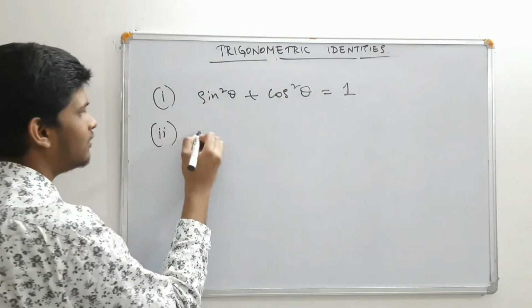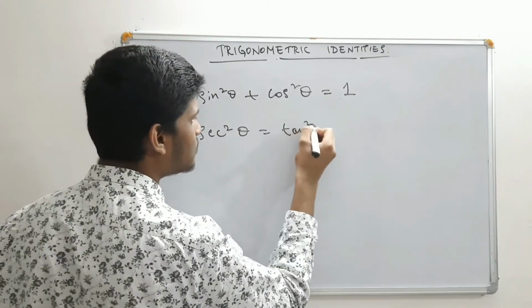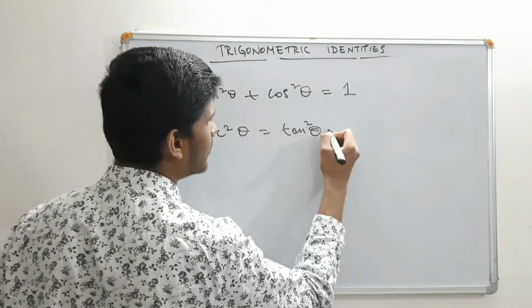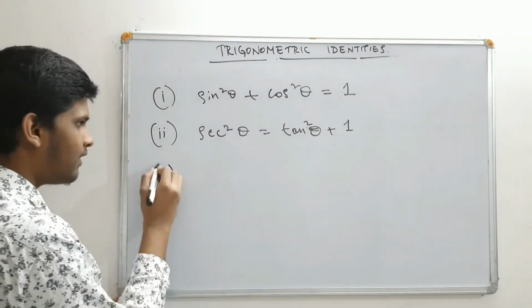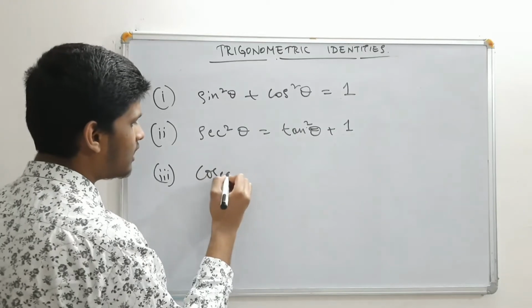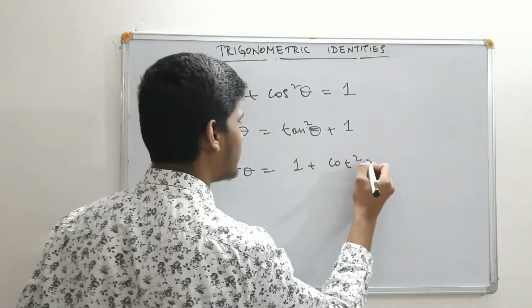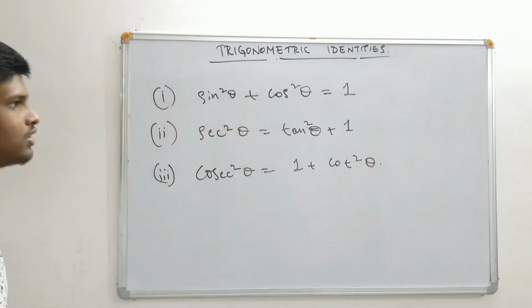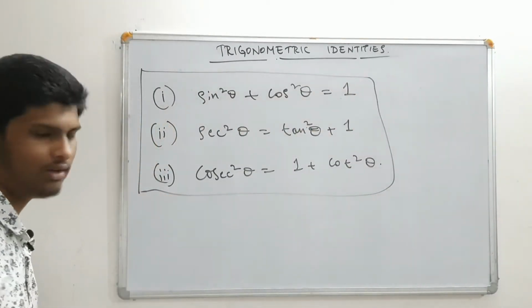And second, we found secant square theta is equal to tan square theta plus 1. And third, we found cosecant square theta is equal to 1 plus cot square theta. Super. We have 3 identities in total.